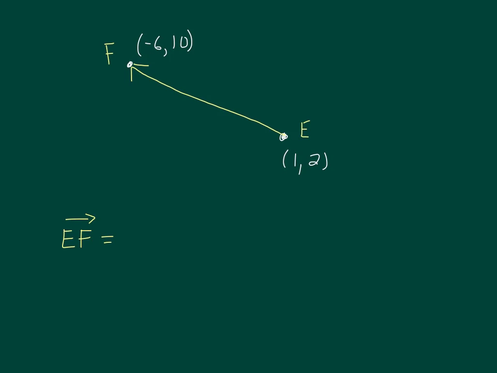If we were to express this in component form, what we really need to do here is make a right triangle around it and figure out what the x and y components are. Well, the distance from the x value of 1 to negative 6 would of course be 7, right? If you need to graph it, go ahead and graph it and count your blocks, but I'm sure you can figure out that that distance there is 7. And then the vertical distance between 2 and 10 would be 8.